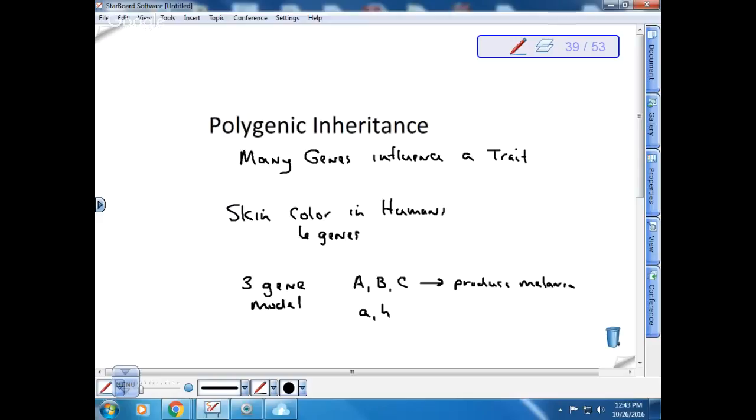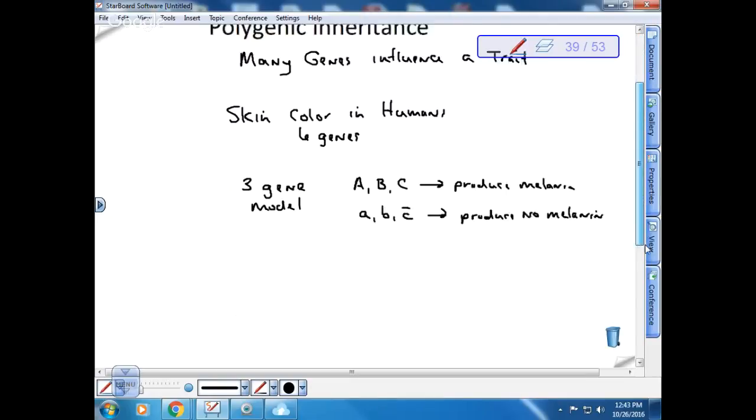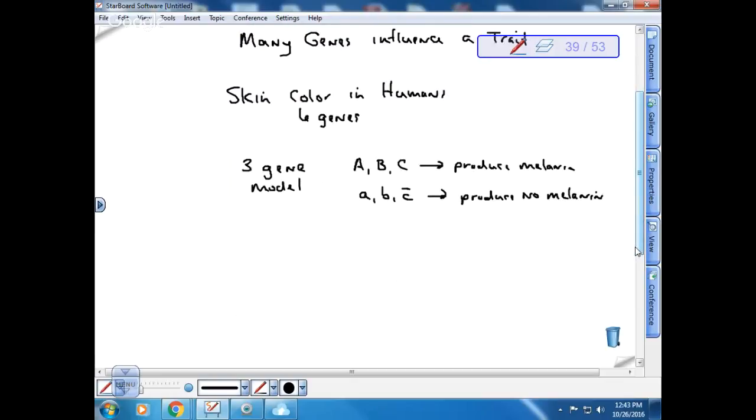Little a, little b, little c produce no melanin. So what this means is that you can have an individual that is very, very dark, like this, has this combination, right? And an individual that is very, very light with this combination. And they would have an offspring that is intermediate in color.